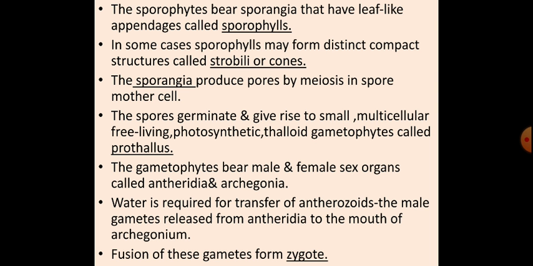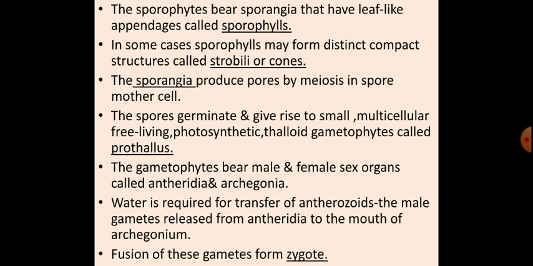You have already studied: the male sex organ is called antheridium and the female sex organ is called archegonium. Since the gametophyte contains gametes, there should be sex organs. So the gametophyte bears both male and female sex organs, antheridia and archegonia.